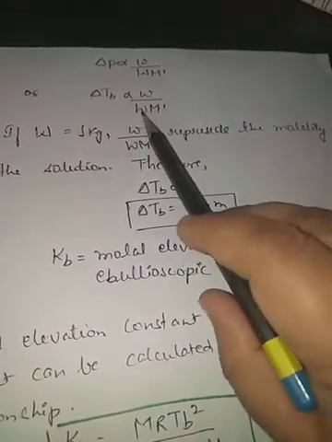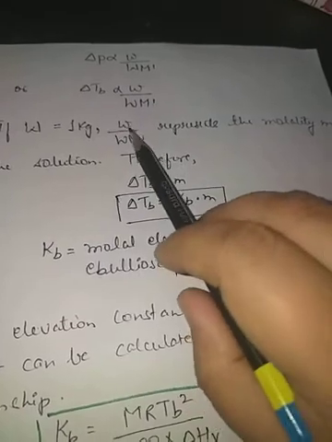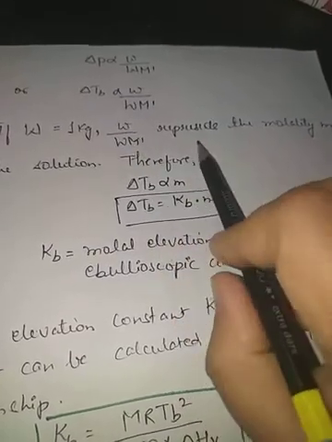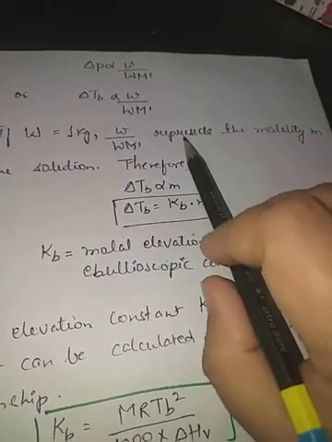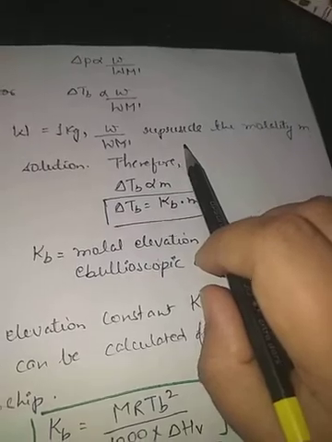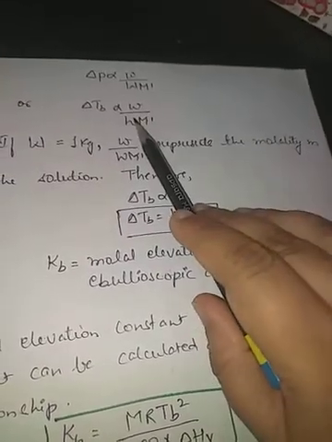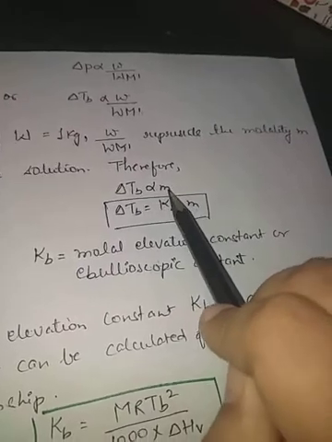See, if W is 1 kg, then W upon Wm dash represents the molality. Molality, we know, is the number of moles of solute upon mass of solvent in kg. It means delta TB is proportional to small m, molality.